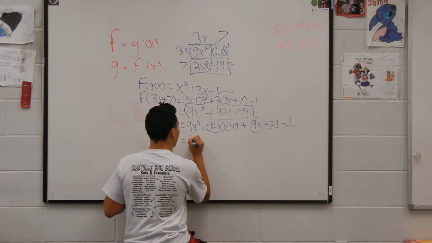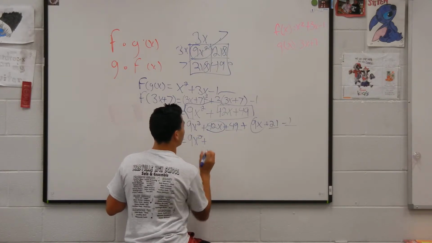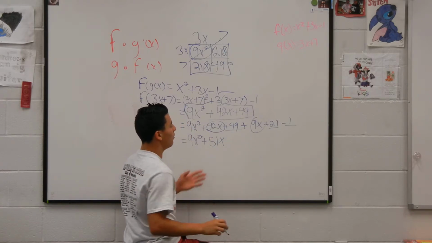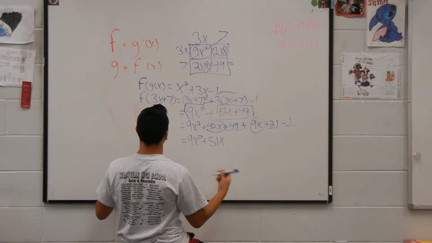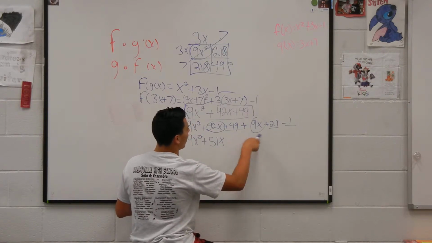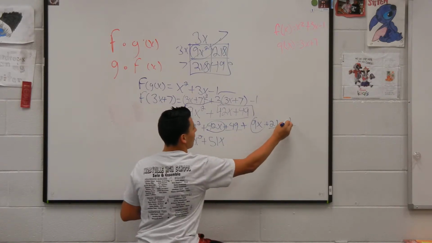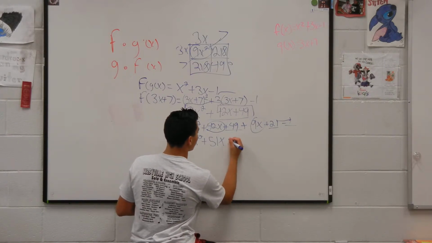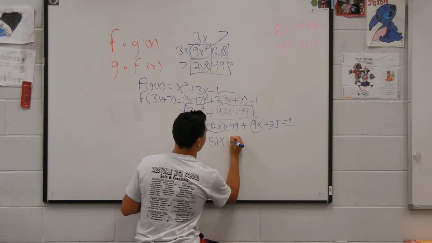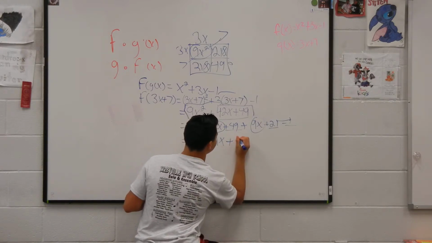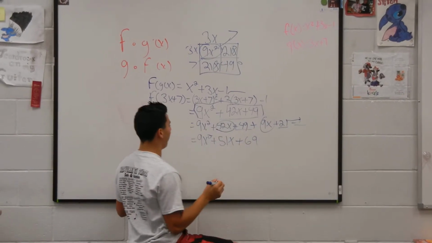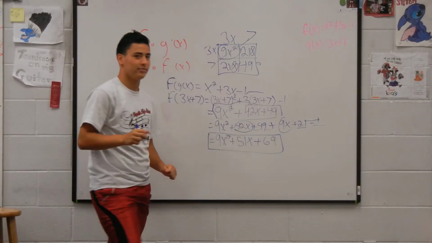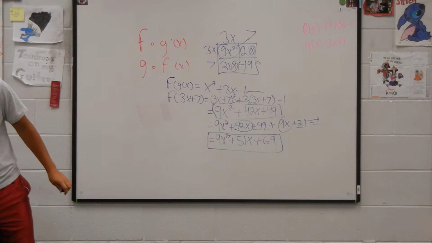So it would be 9x squared plus 51x plus 49 plus 21 minus 1, which is just 49 plus 20, because this subtracts from each other, and it would be 69. And that would be your answer. All right?